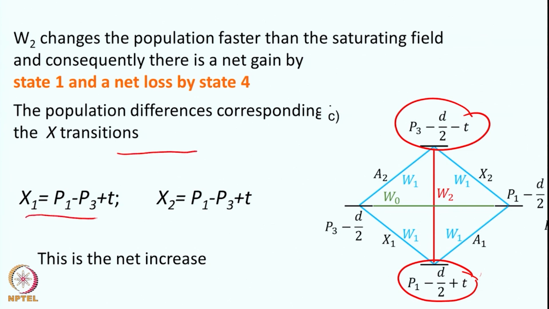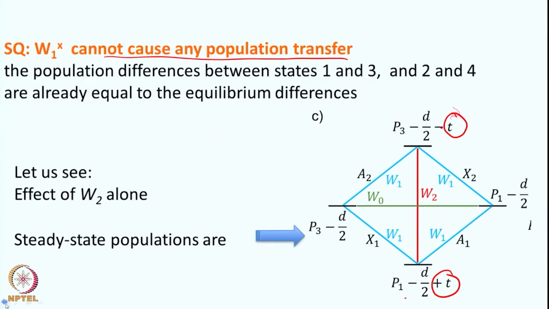X1 will have P1 minus P3 plus T, and X2 will have P1 minus P3 plus T, and that is the enhancement, the net increase happening because of the double quantum transition. Now, similarly, there is another phenomenon. This one is because of double quantum transition and relaxation.